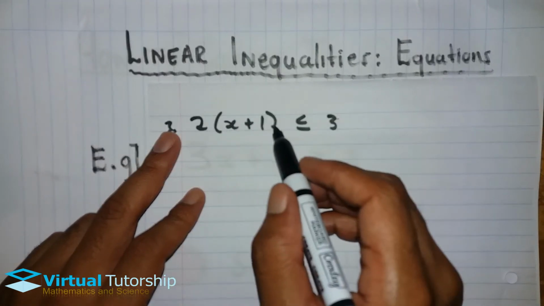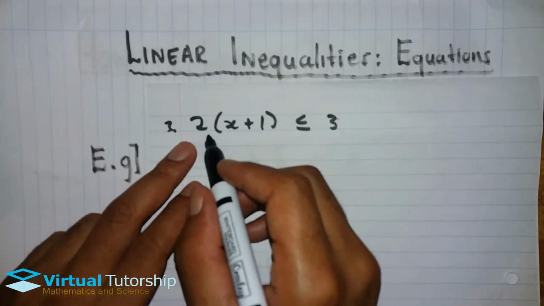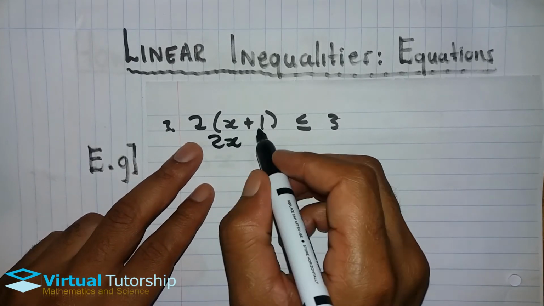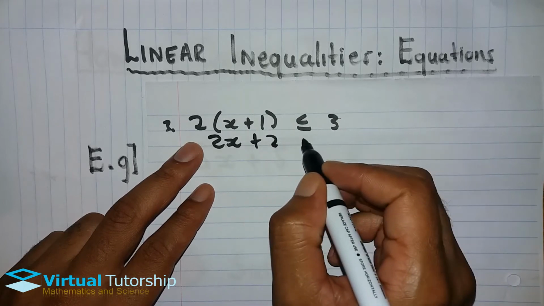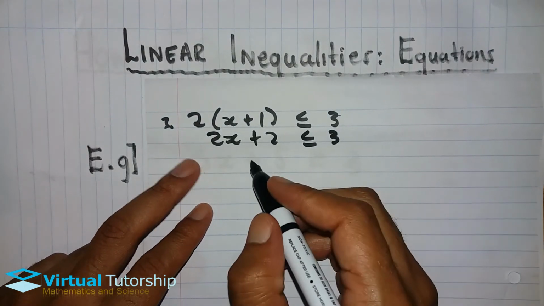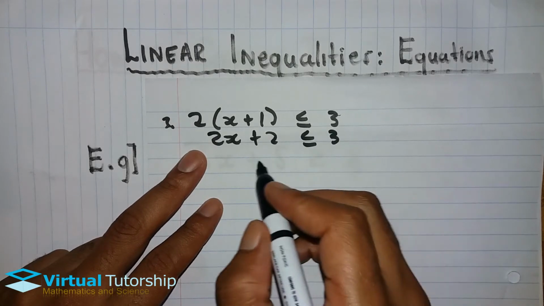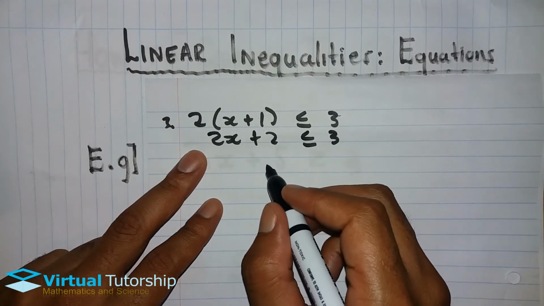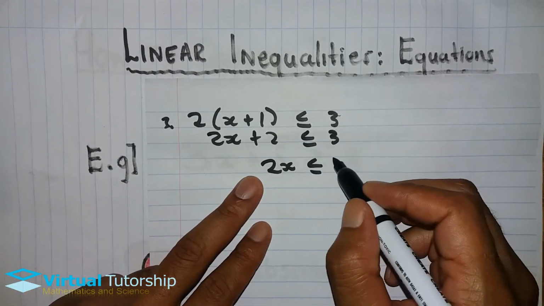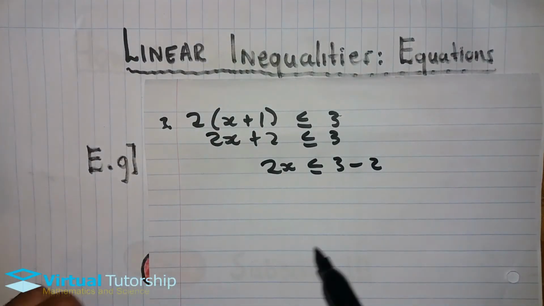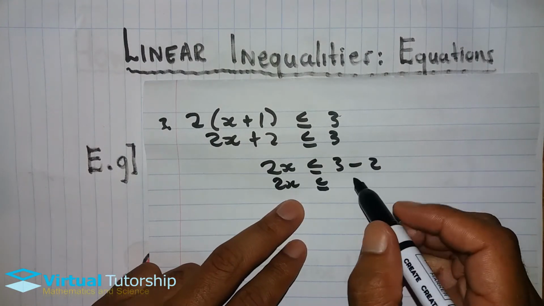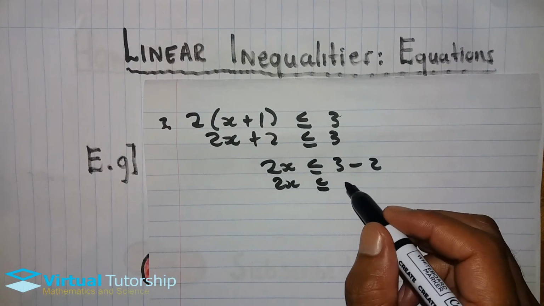So in order to solve for this bracket kule equation yethu kwamele apply the distributive law. So it's gonna be 2x plus 2 less than or equal to 3. Angisho? So from la ngenzani, transpose the 2 to the right hand side. So ngizosala no 2x less than or equal to 3 minus 2, it's 1.